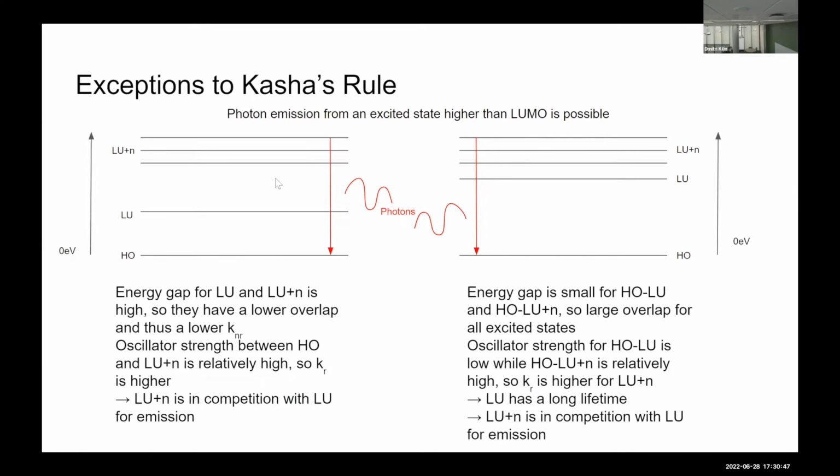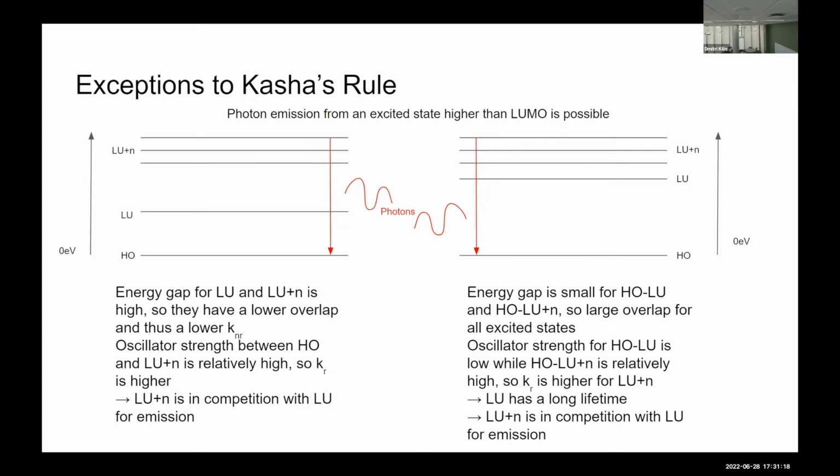So for example, if you have a bunch of high excited states even further above LUMO, they'll have a low overlap between LUMO and those higher excited states. So those electrons won't get a chance to fall down to LUMO. And instead what they might do is fall all the way down from a high excited state down to HOMO and release a photon that way.